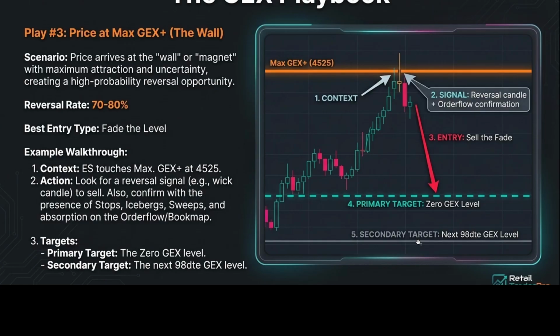But as I said before, what happens if we see a 98 DTE Gex level before the 0 gamma? For example, here, if you took an entry with 2 or 3 contracts, maybe you can close 1 or 2 positions here, or the entire position here, because the 98 Gex level here is very, very important.